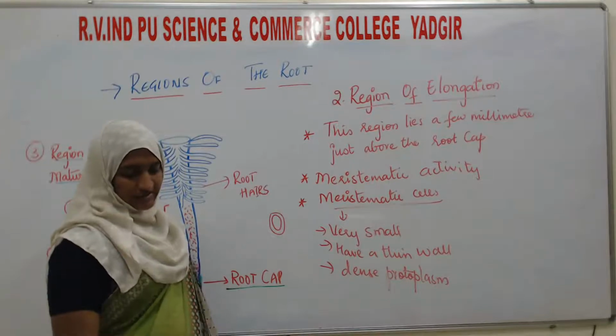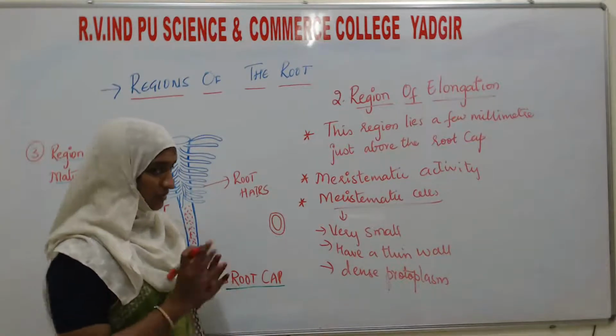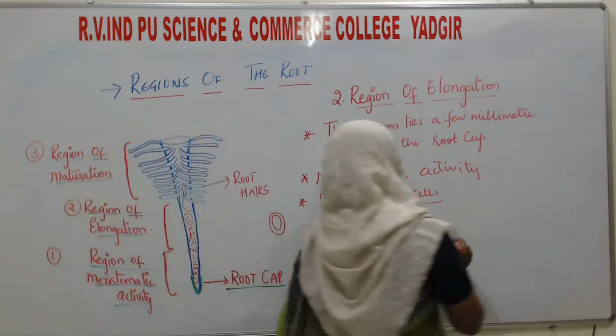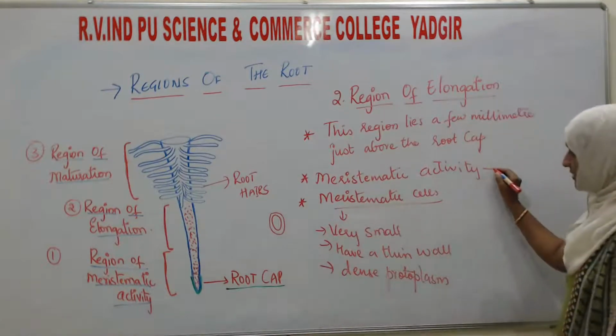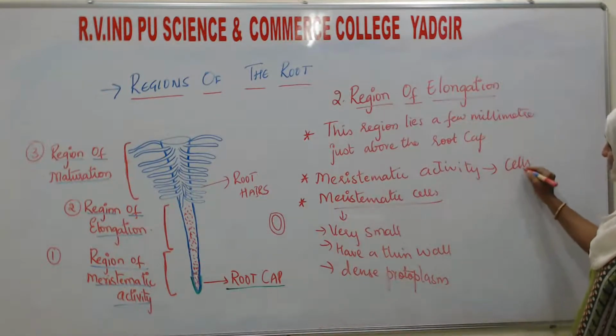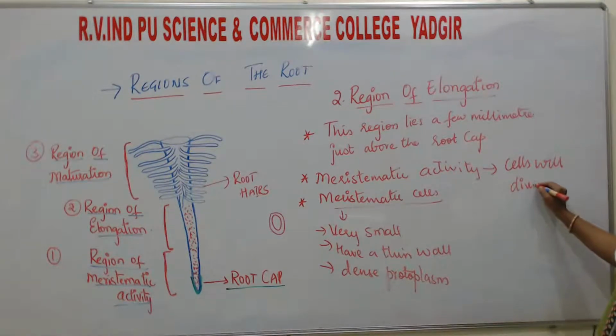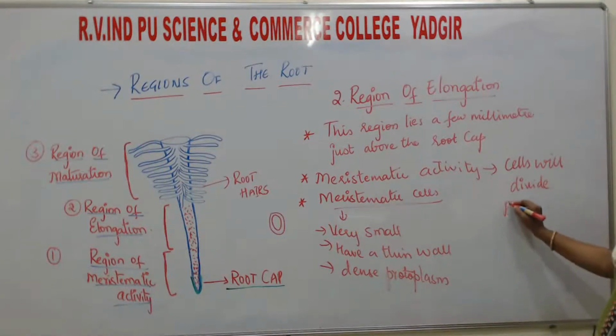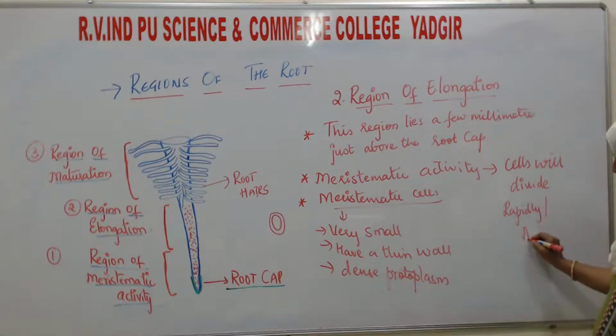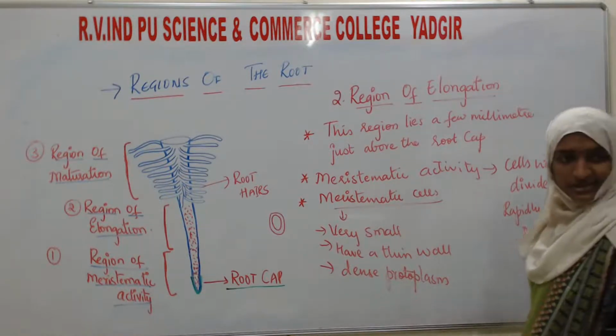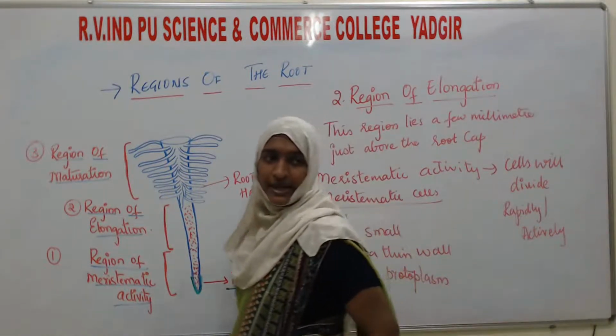Here, if there is meristematic activity, the cells will divide rapidly or actively.